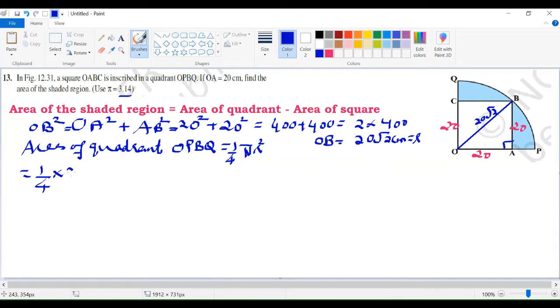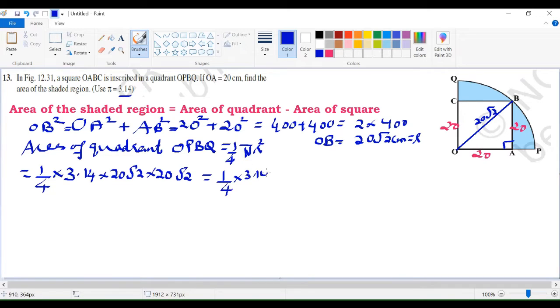So we have to put that value: 3.14 into 20 root 2 into 20 root 2. Equal to 1 by 4 into 20 into 20, 400. Root 2 into root 2, 2. So 400 into 2, 800.